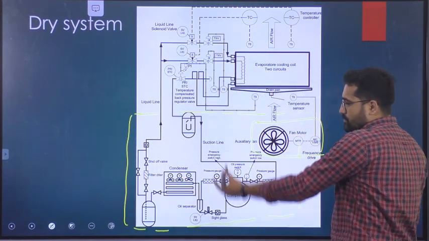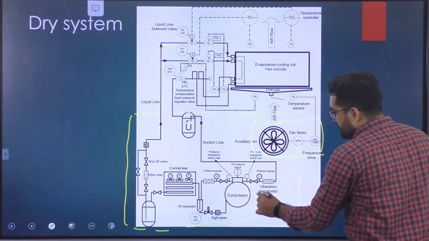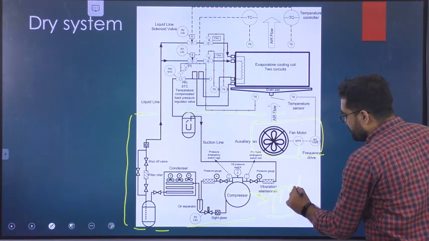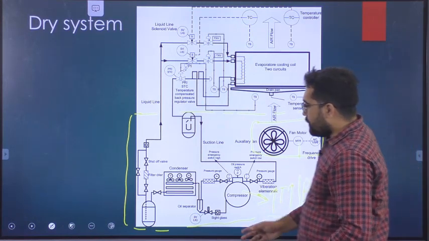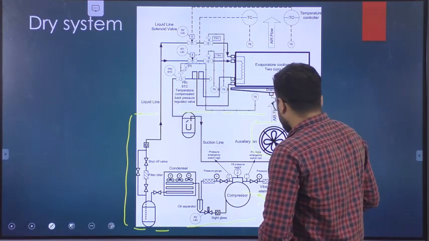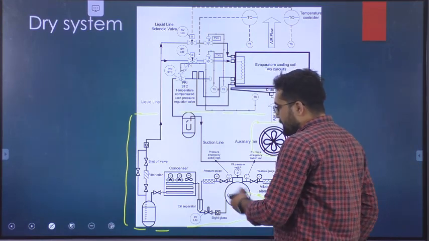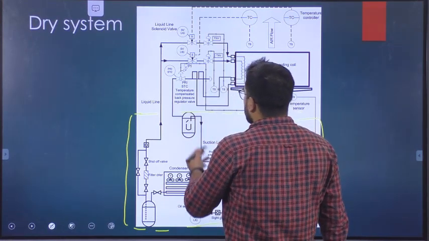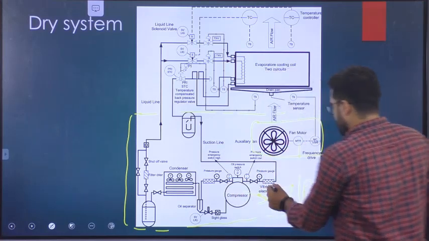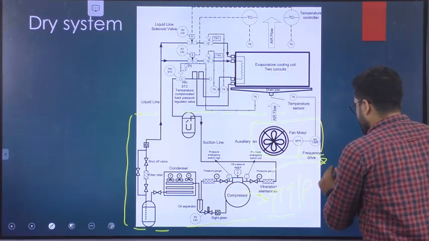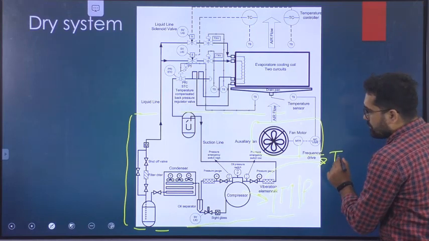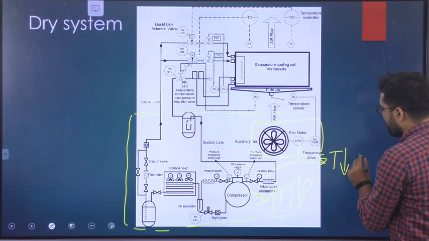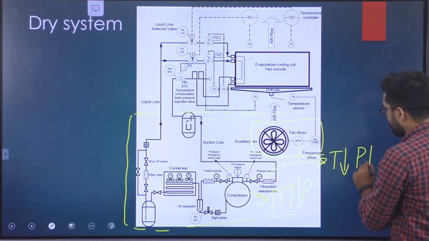So this is a refrigeration system. First one is the compressor, which is having high temperature and high pressure. Okay, now after the compressor, the refrigerant will come to the evaporator, where temperature will get reduced and pressure will also get reduced.